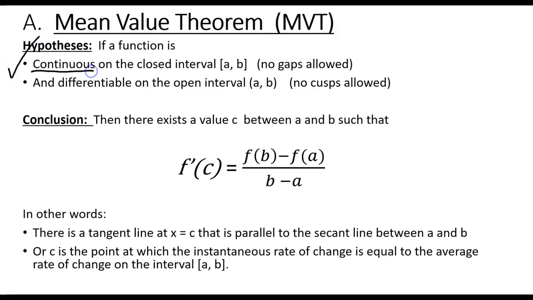It has to be continuous on the closed interval, meaning the endpoints have to exist. Might want to add this, endpoints necessary. And it has to be differentiable on the open interval. Now, that means you can't have any cusps. You also can't have any vertical tangent lines.